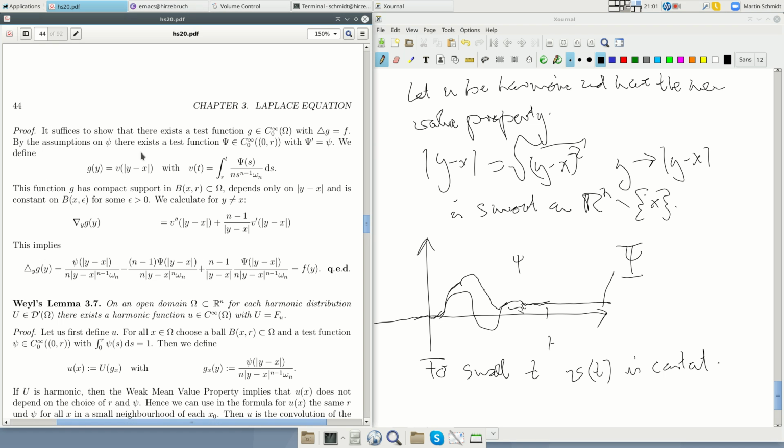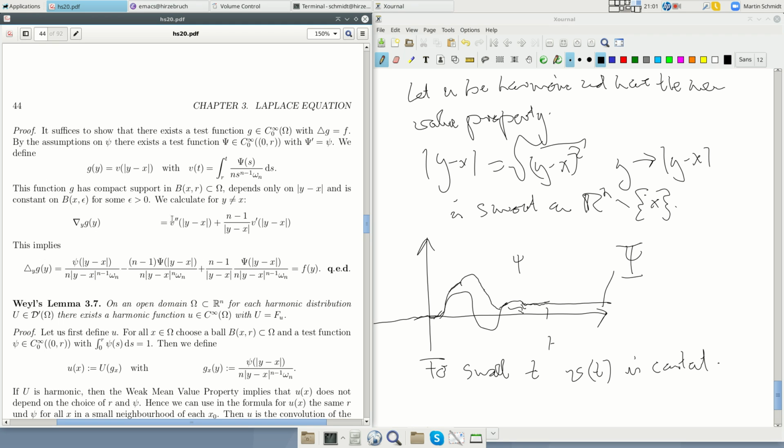And now we define g of y just as v of this distance. This is clearly a function with compact support.